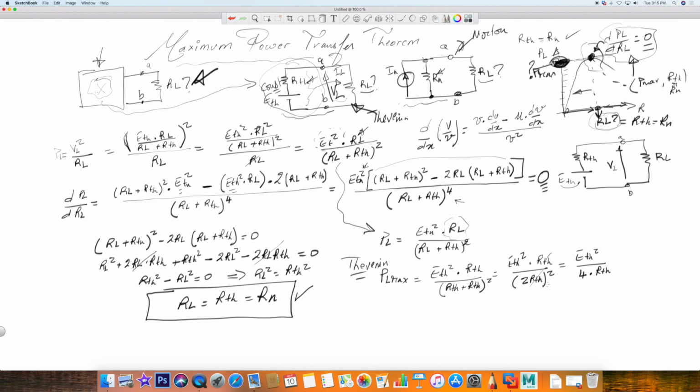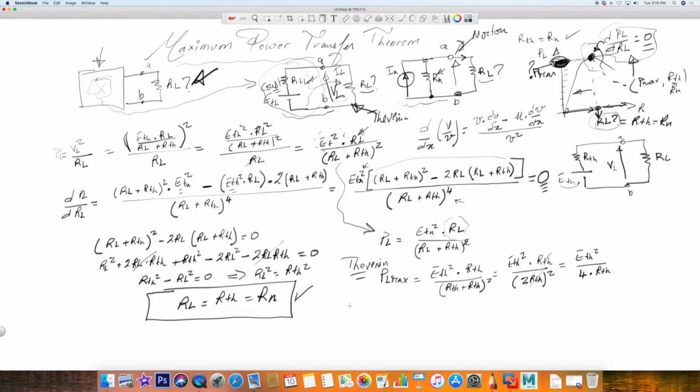Now, what if we were doing this in Norton? What is the maximum power with Norton? Well, you're going to have a current that goes through RL. We could use the current divider rule, which will give us the VL that we need. So no matter how you slice it, let me cut to the chase.